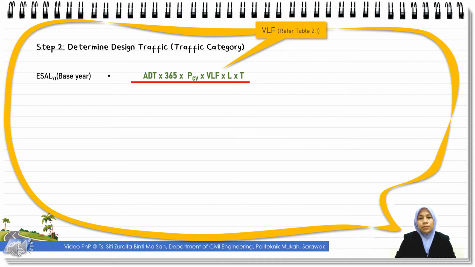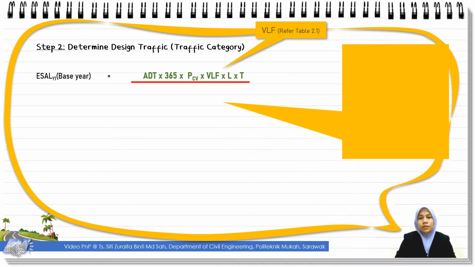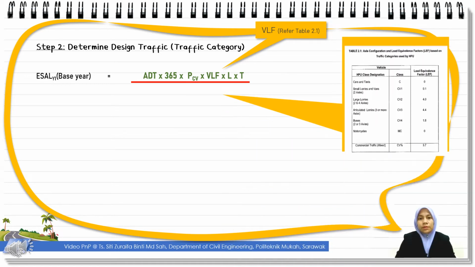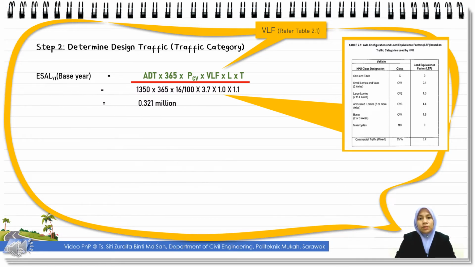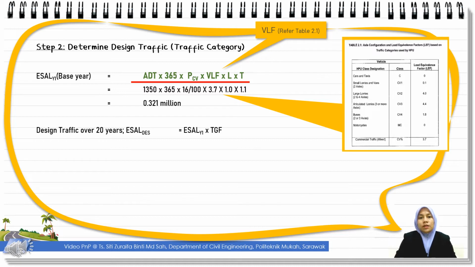To get the value of VLF, you must refer to Table 2.1. From the question, the vehicle type is commercial traffic mix, so the load equivalent factor LEF value is 3.7.